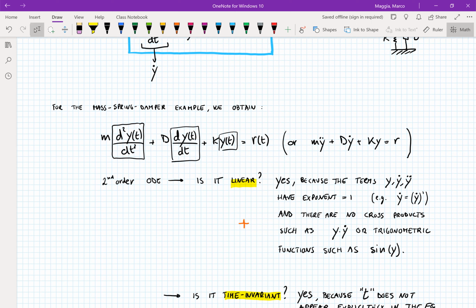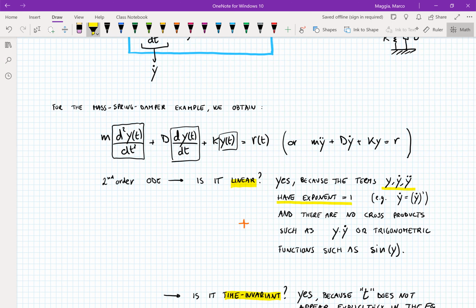Well, there are a few things, but as a rule of thumb, you can check the following things. First of all, the output and its derivatives have to appear linearly. So they have to have exponent equal to 1.